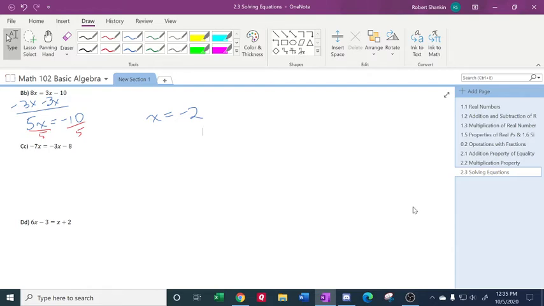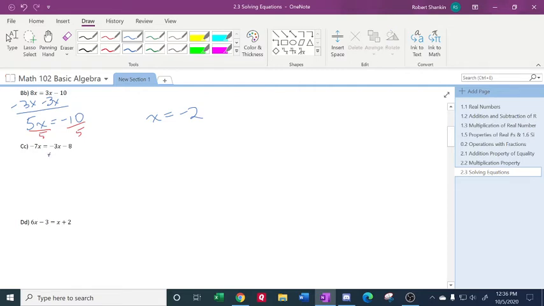Alright, on C, I would move all the x's. So what I notice is there's 3 terms. 2 of the terms contain x. They're not on the same side of the equation, but they have to be combined together. So we use the additive property. I add whatever I want to both sides.